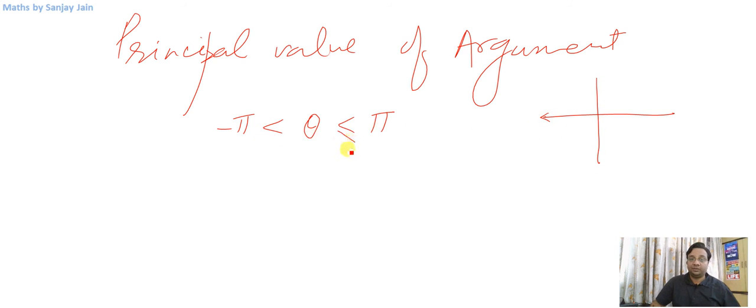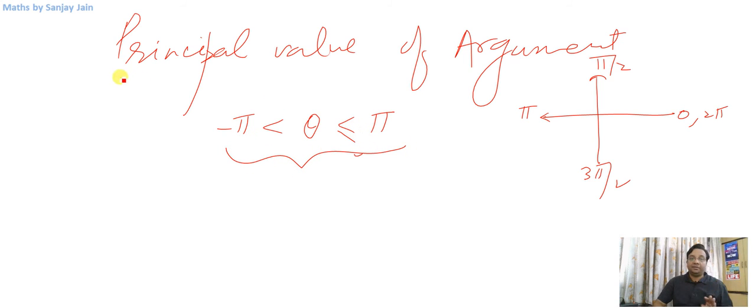So if I have included this, I don't have to include minus pi. And by convention, pi is included, because what I mean to say is this is 0, this is pi by 2, this is pi, this is 3 pi by 2, and this is 2 pi. So I want my angle to be in this range, then I will call it principal value of argument, right?